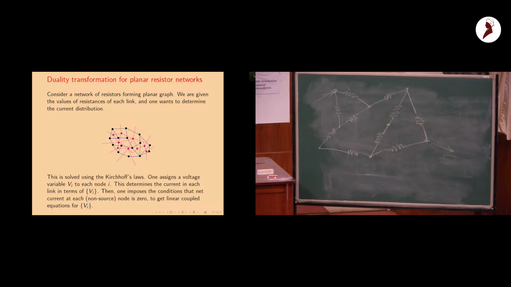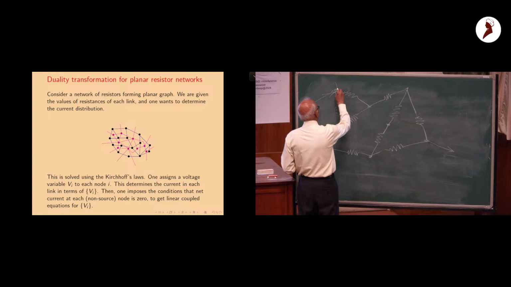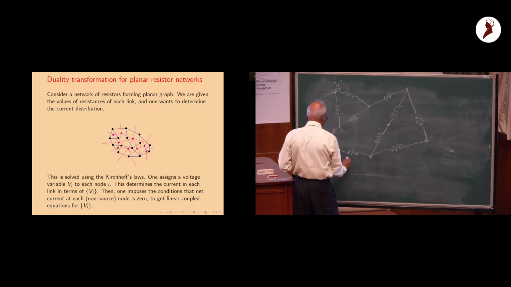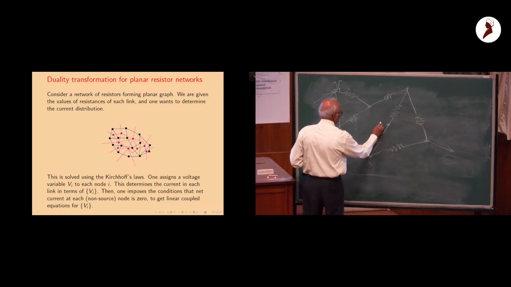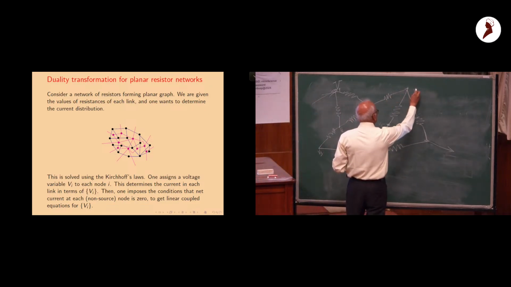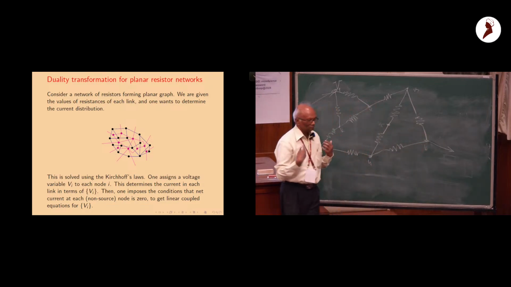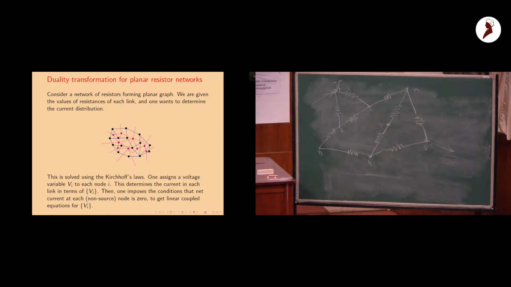So the way it is done is to say that, let's say there is a potential at each vertex, V1, V2, V3, V4, V5, V6, V7, V8. There were 8 vertices, there are 8 potentials, V1 to V8, which are unknown.